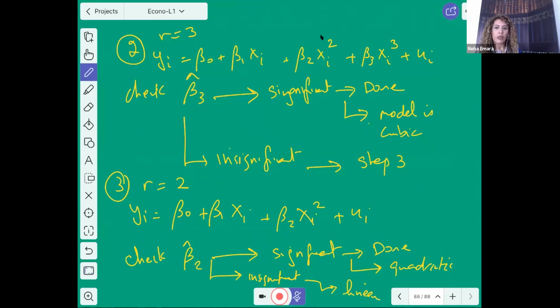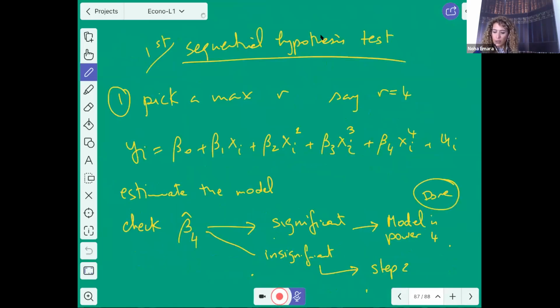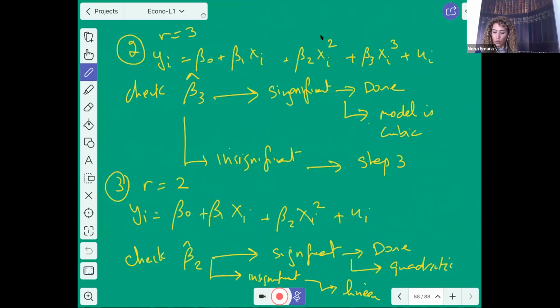That's it. As you can see, it's called the sequential hypothesis test because I'm doing this hypothesis test in sequence. I start big to small. Some people start from small to big, but I prefer to go from big to small, and the approach in your textbook is the same. Usually we start with R equal to 4 and keep eliminating.